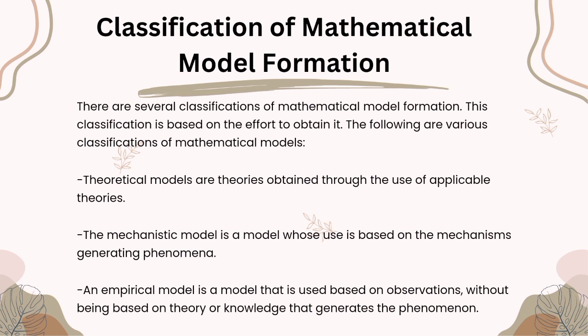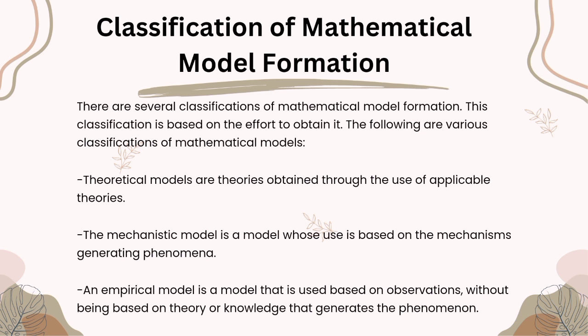And then, there's classification of mathematical model formation. There are several classifications of mathematical model formation. This classification is based on the effort to obtain it. The following are various classifications of mathematical models. The first one, theoretical models are theories obtained through the use of applicable theories.